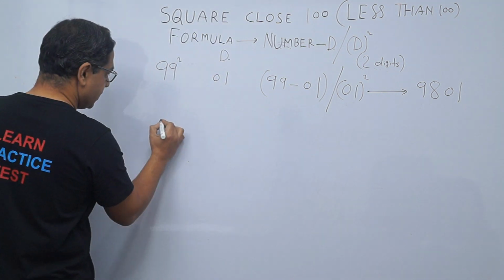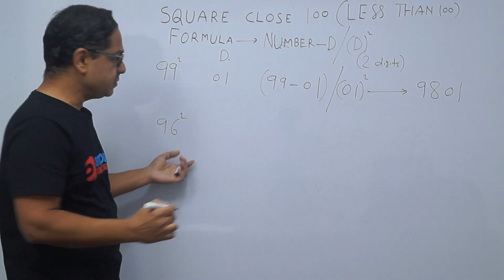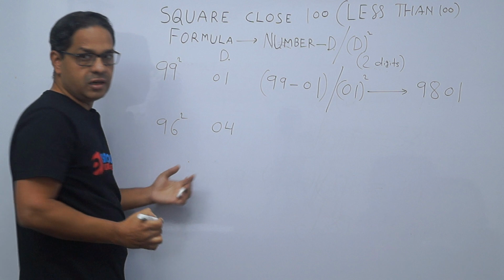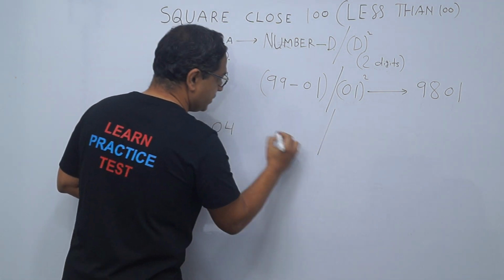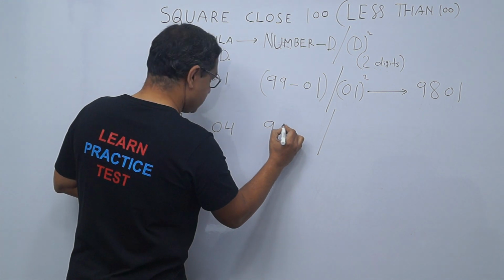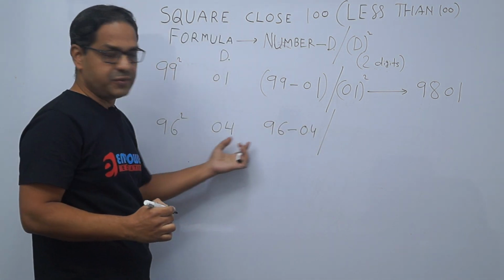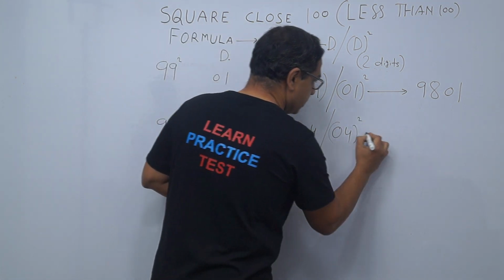So we take one more example, like 96 square. Suppose you want to square 96. Here the deficiency from 100 is 4. So the left hand part of the answer will be the number minus the deficiency, 96 minus 4, and on the right side we have the deficiency square.